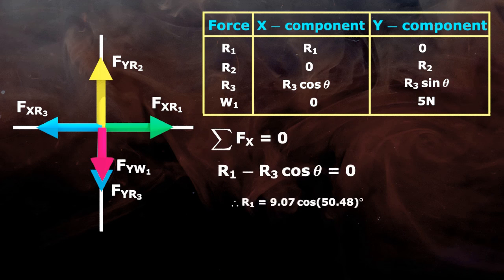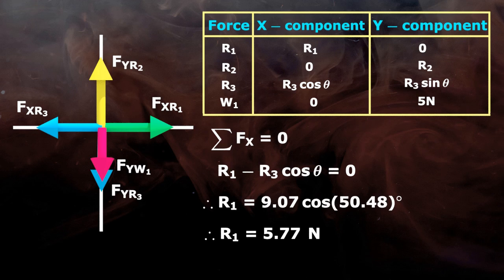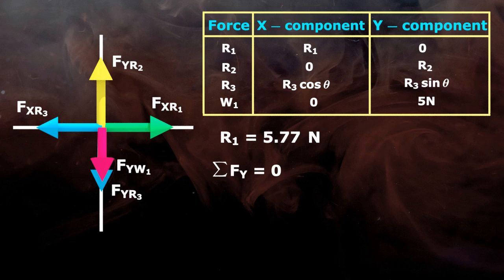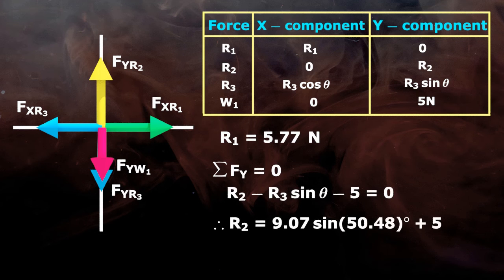Put values of R3 and theta, we get R1 equals 5.77 Newton. Similarly, the summation of all vertical components equals 0. So R2 minus R3 sin theta minus 5 equals 0. Again put values of R3 and theta. R2 equals 12 Newton.